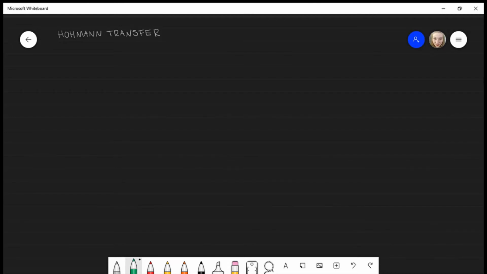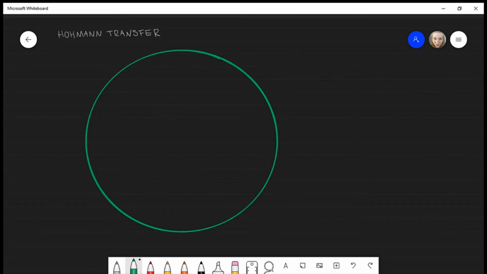We'll start by drawing the final and initial circular orbits. I'm going to show the direction of the orbits via these arrows. Now to draw the radius of each orbit.